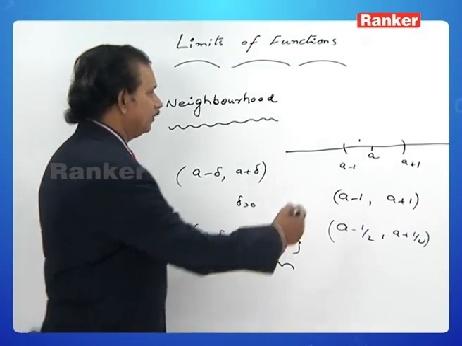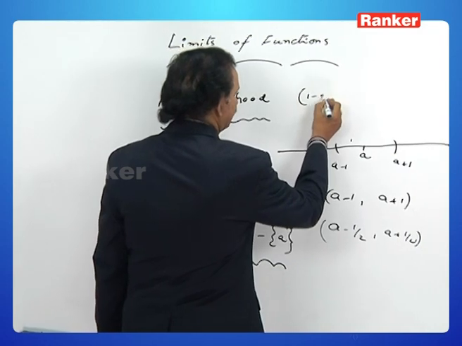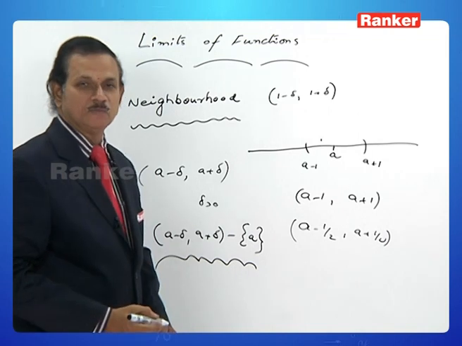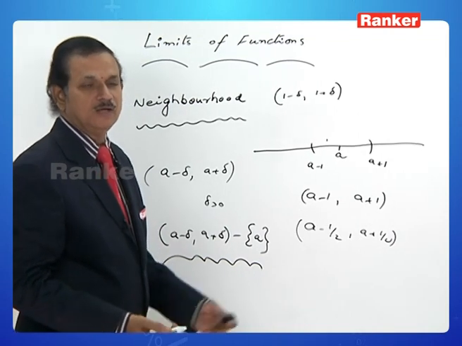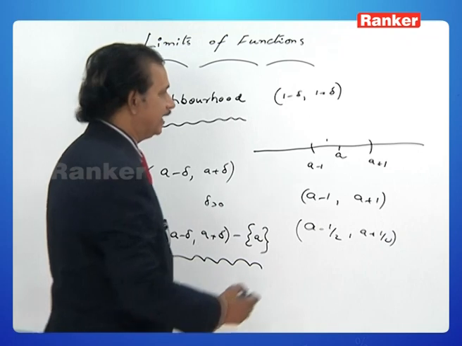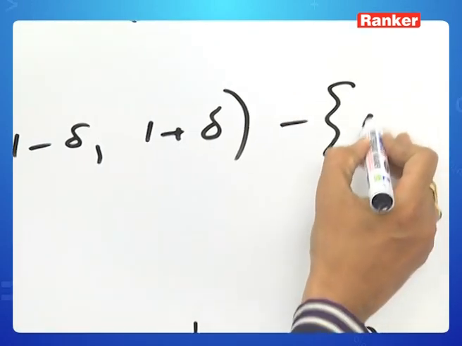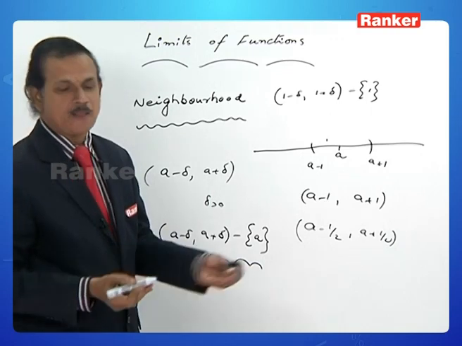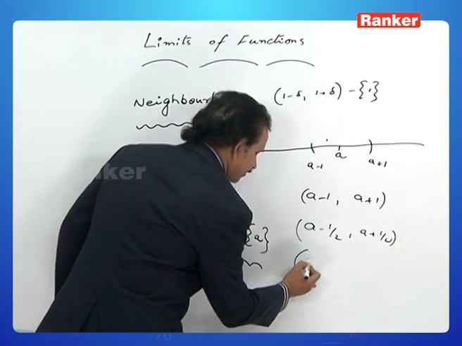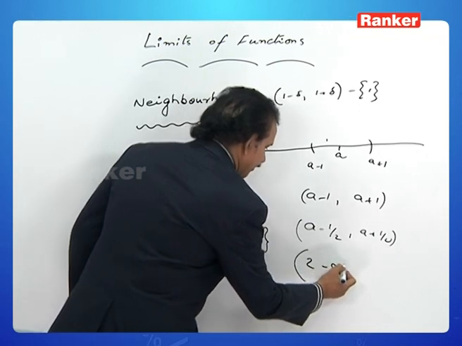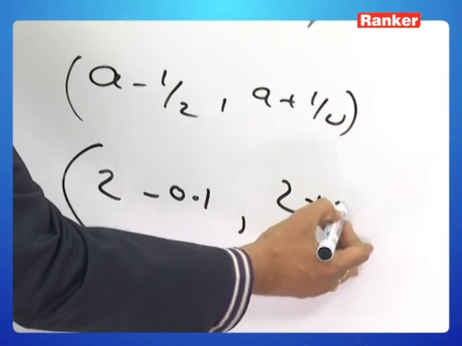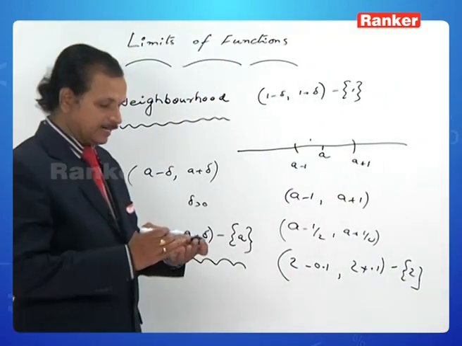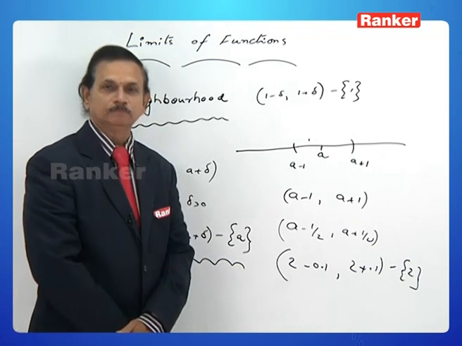One more example, you consider 1 minus delta to 1 plus delta is a neighborhood of 1, where delta is a positive real number which is supposed to be very small. Then this minus 1 is called a deleted neighborhood of 1. Another example, consider the interval 2 minus 0.1 to 2 plus 0.1 minus 2 is again another deleted neighborhood of 2.